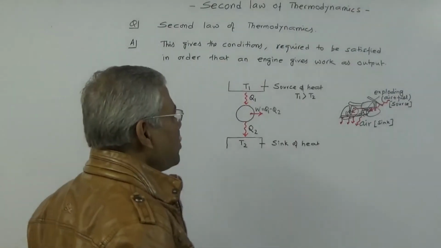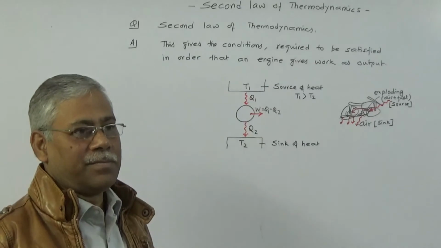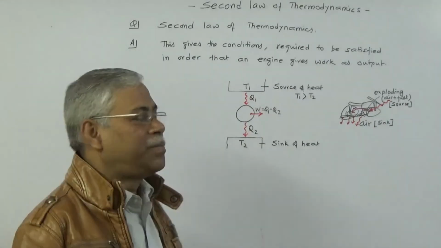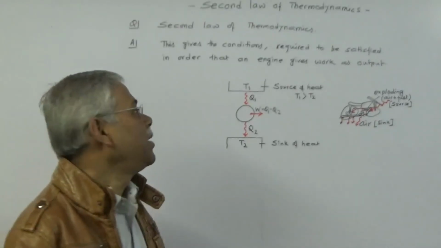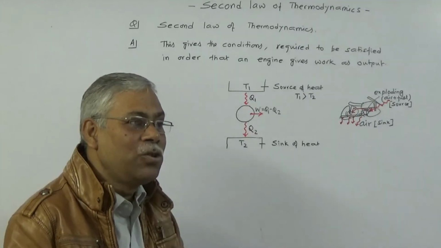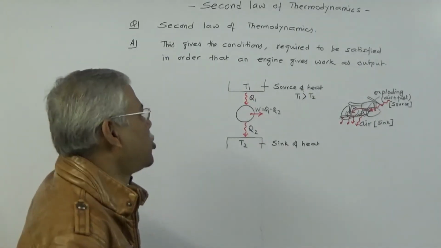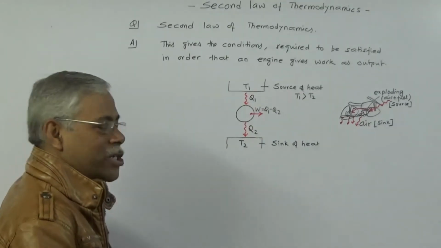So I have described an engine and the things around it, but I have not yet stated the second law of thermodynamics. I have clearly written that it gives the conditions. Now what are those conditions under which this engine will give you work? There are two conditions.